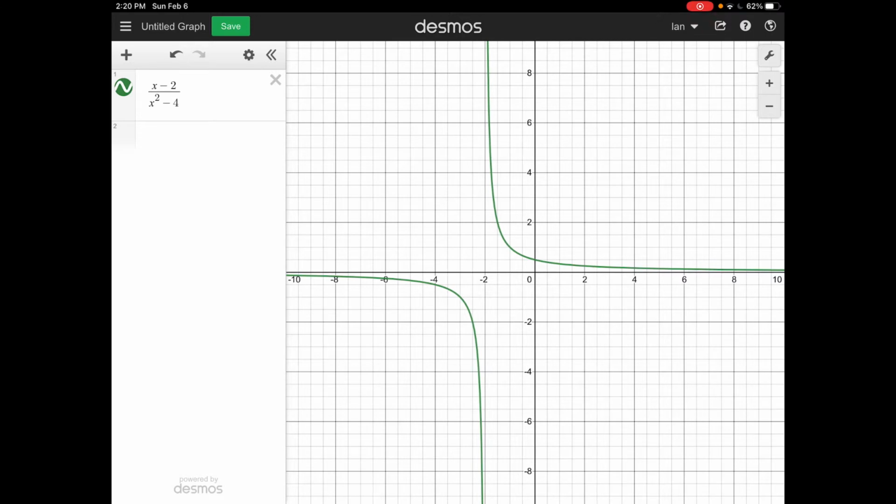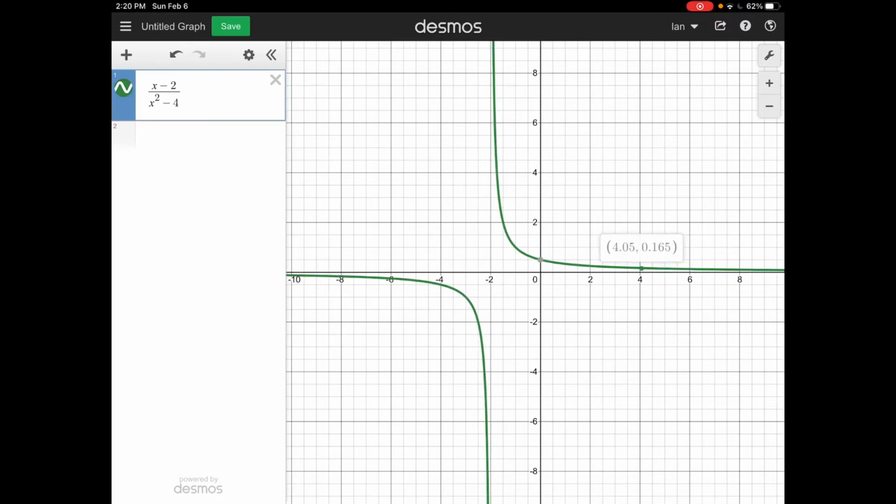But if I think about what's happening around 2, it does appear to be approaching something from the right and something from the left. Now, what y value do you think it's going towards? It looks like 0.251 from the left, 0.24 something from the right, but when I get right on 2, it's a hole.